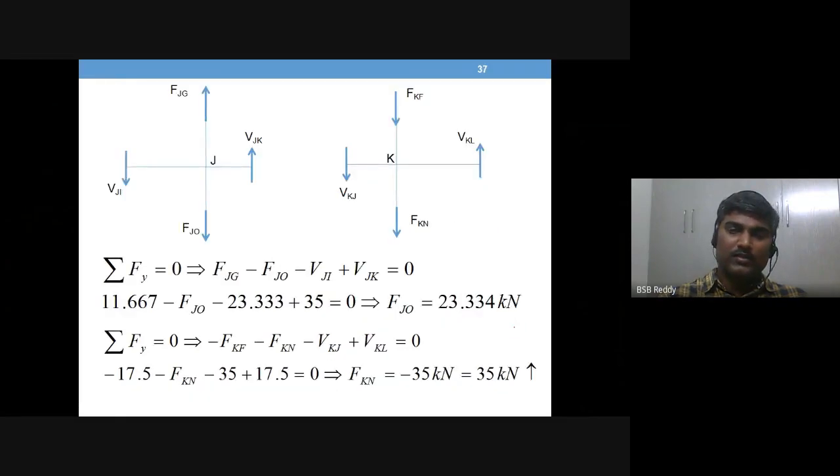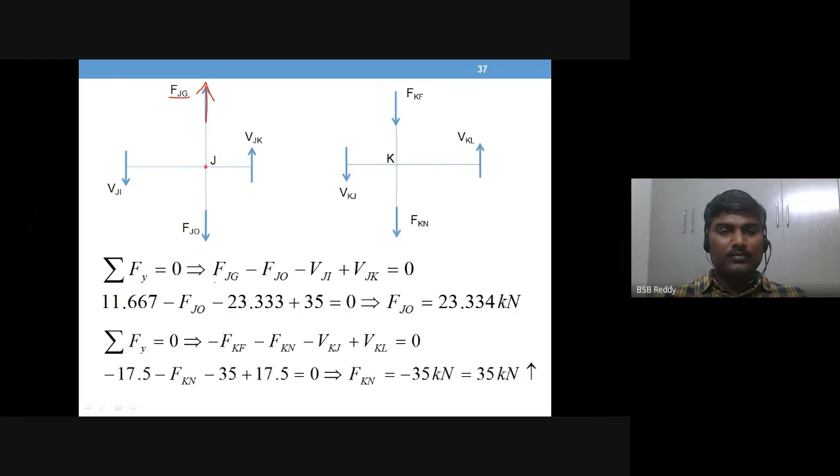Similarly, the other joints J and K, where 4 members are there. Again, as I said, GJ we talked about just now, there it was downward. Now when you go to joint J, this is the joint J, the arrow should be upward. This is what I was telling.